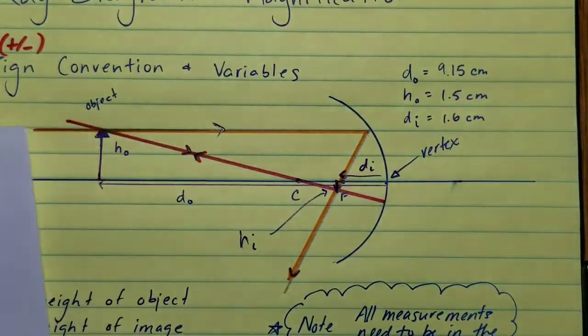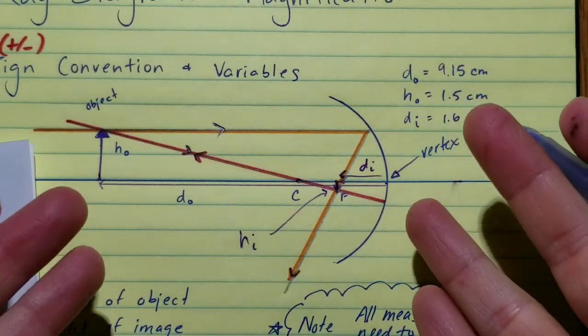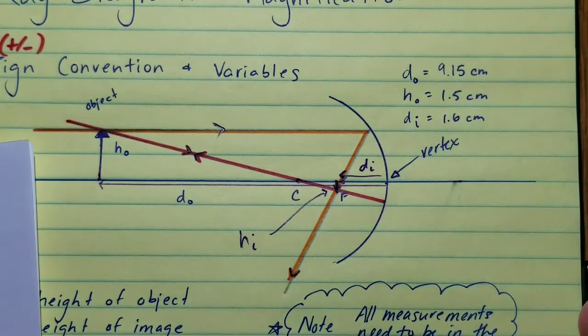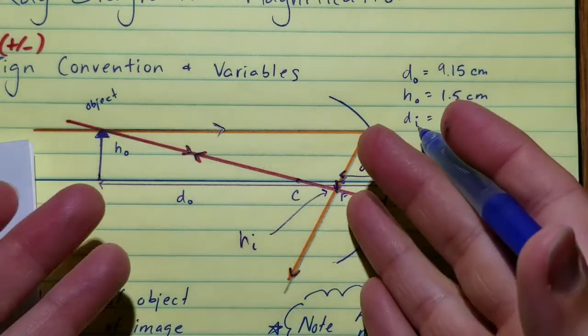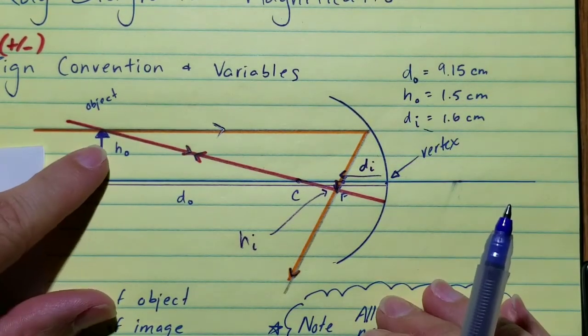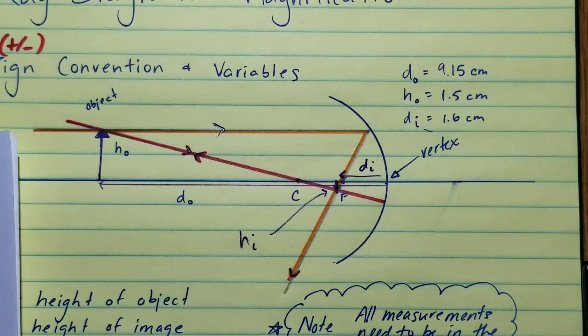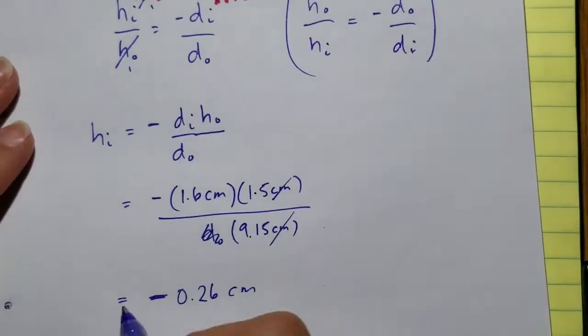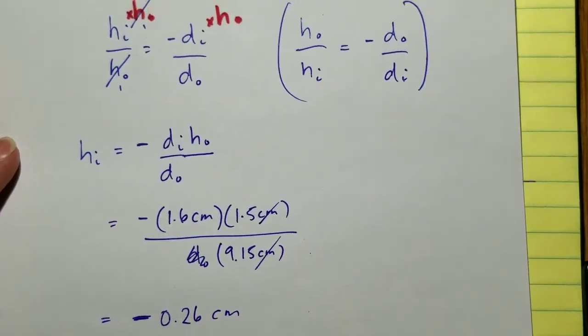So if I asked for the magnification, think about this. Is the magnification going to be greater or smaller? Well, the image is a fraction of the object, so it should be less than 1. So let's talk about what this magnification is, and we can actually calculate it.